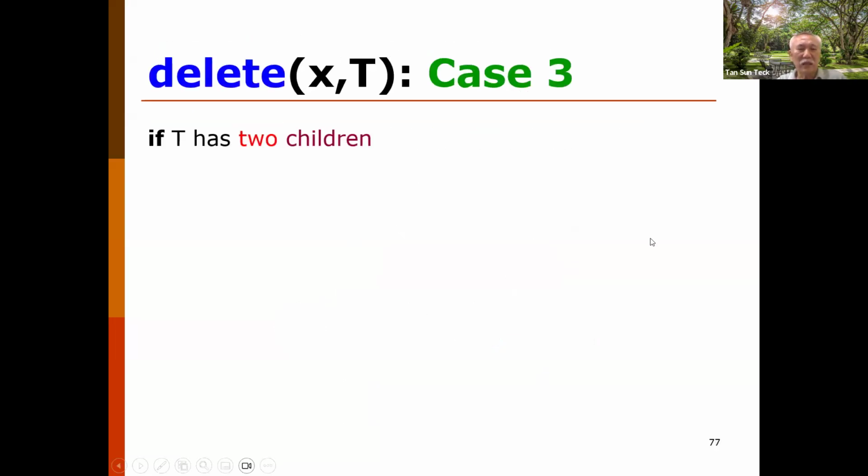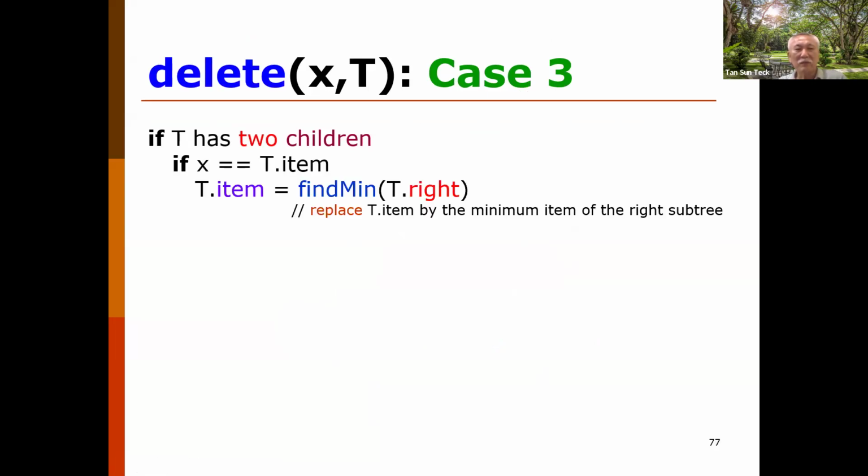If you delete a node that has two children, what you do is check if it is equal to the item, then you find the minimum of the T right. Finding the minimum item on the right is finding the in-order successor. Then you replace T's item with the item that is found, because it's the minimum on the T right.